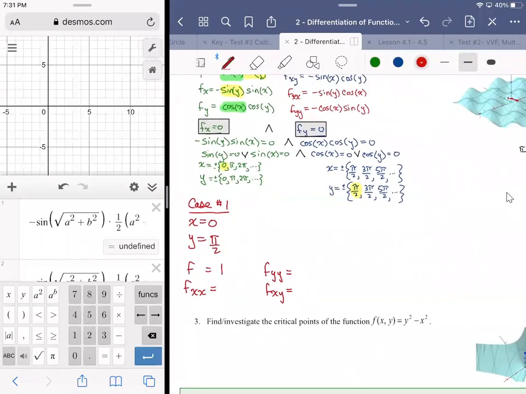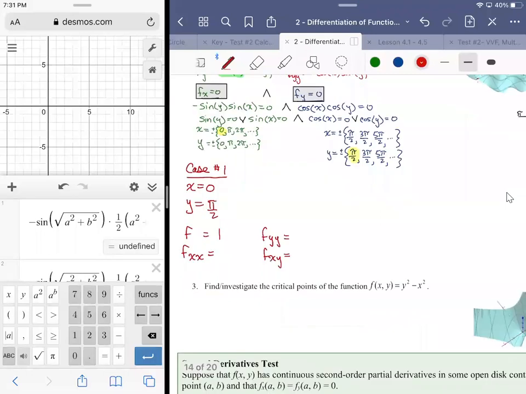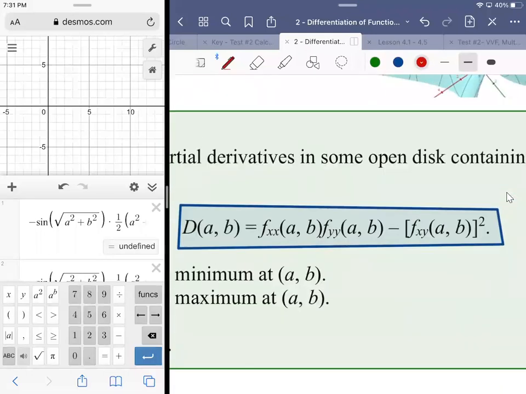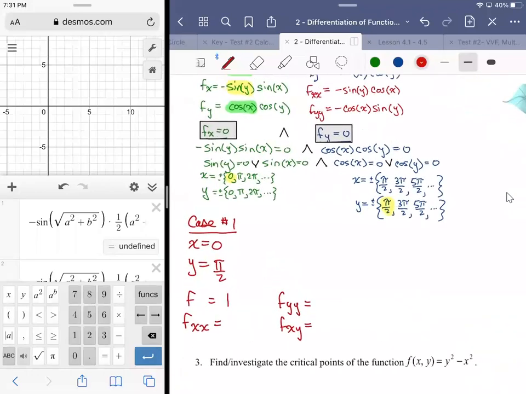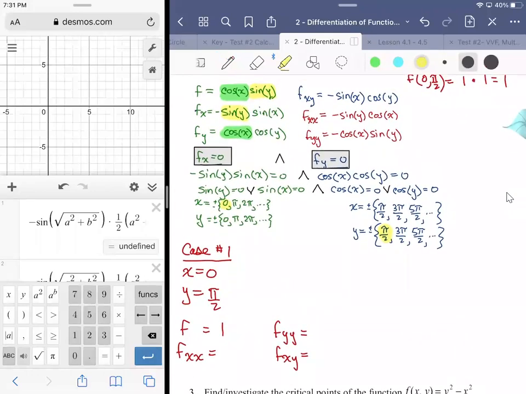Now I need f sub xx, right? And all I'm doing is just following along with this. F sub xx. So my xx is over here. I'm replacing the sine of y. That's gonna give me sine of pi over 2.